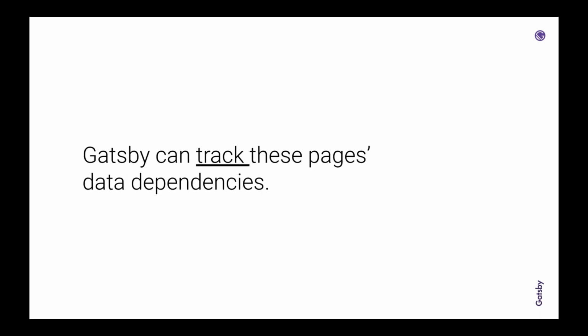And so Gatsby can track these pages' data dependencies. Because we use GraphQL, because we use this mesh of data, we know what pages, what templates depend upon which items of data, and then we can diff and just rebuild the ones where there have been data changes.